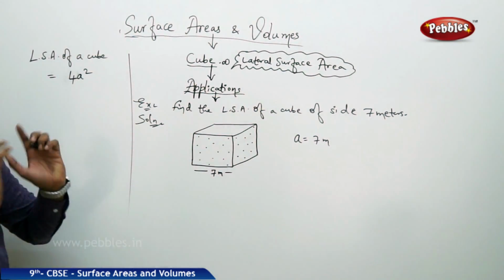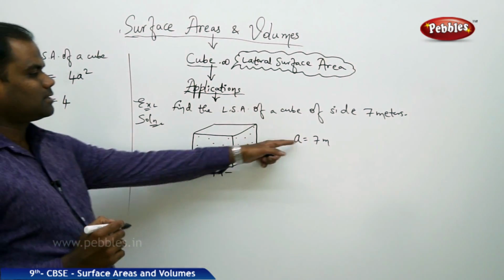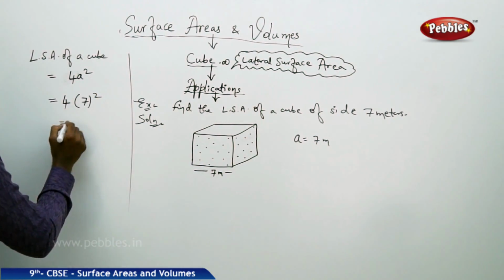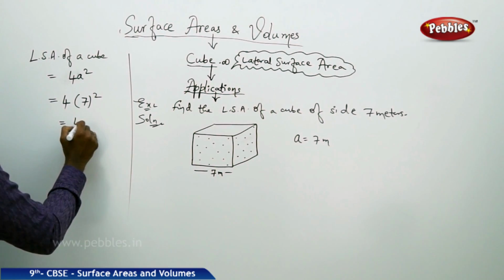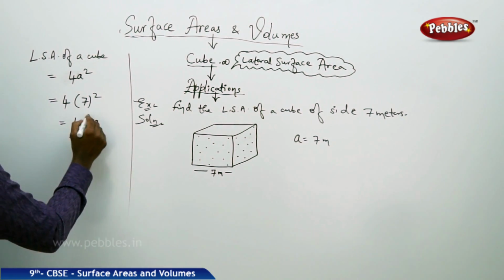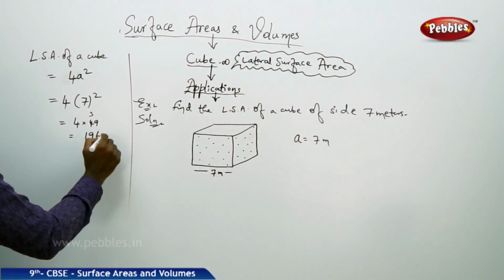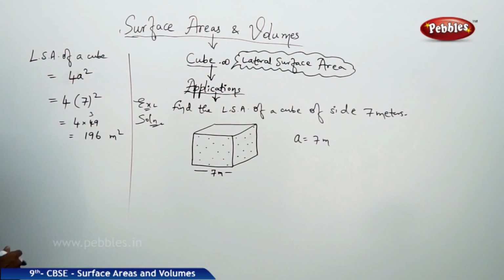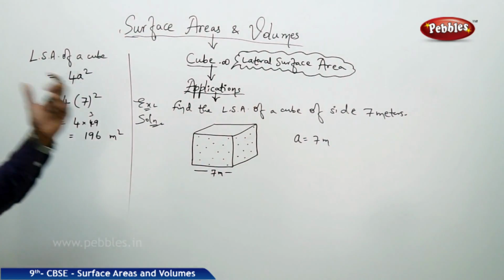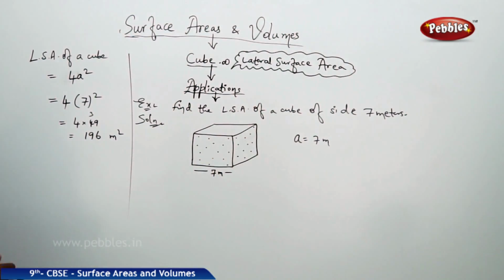So let's see how we can add up. Now that we know the value of A is 7, I just substitute the value of A, which is 7. 7 sevens are 49 meter square, is what we get. So here the lateral surface area of this cube is 196 meter square.